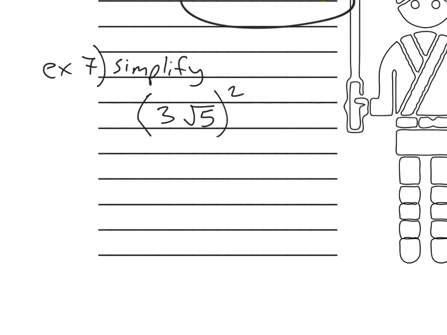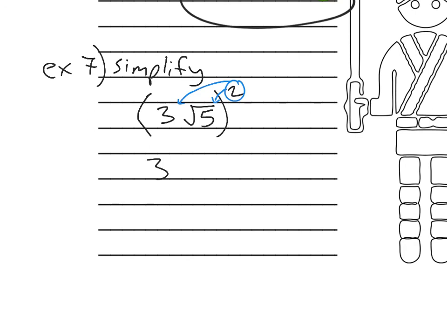All right, one last example. I'm not sure if I said the last one was the last one, but this is the last one. We can see multiplication as powers. So when we have a power outside, don't forget, we're going to take the outside power and shower all the inside powers. So the 3 gets it, not so bad, but then the root 5 gets it as well.